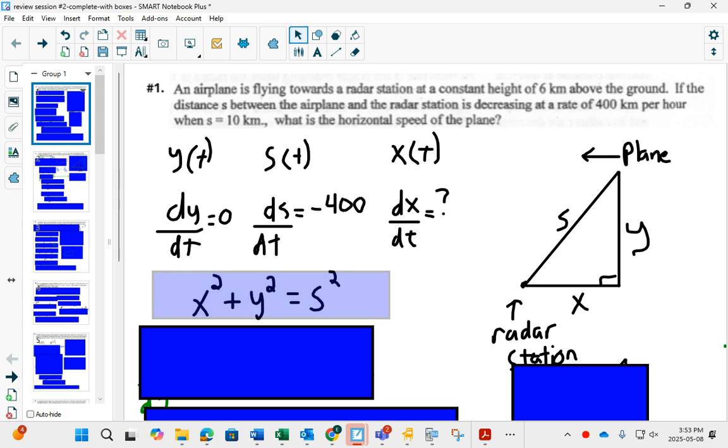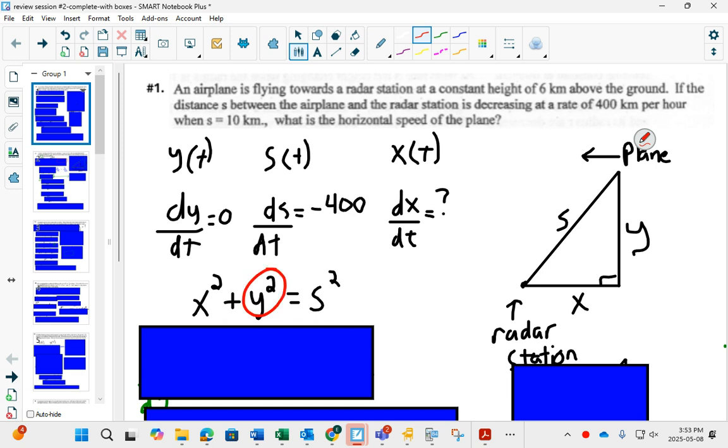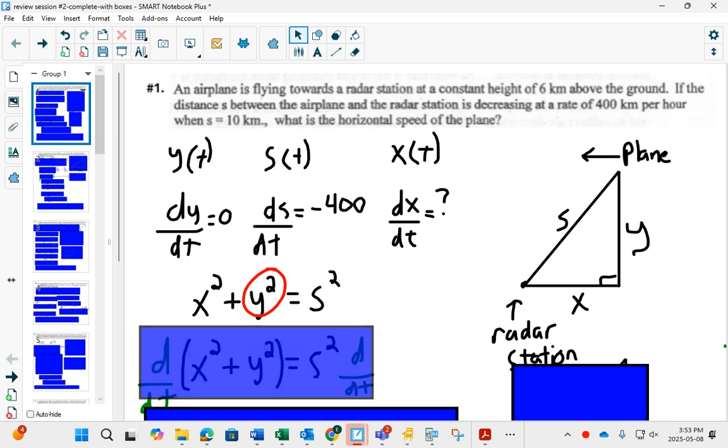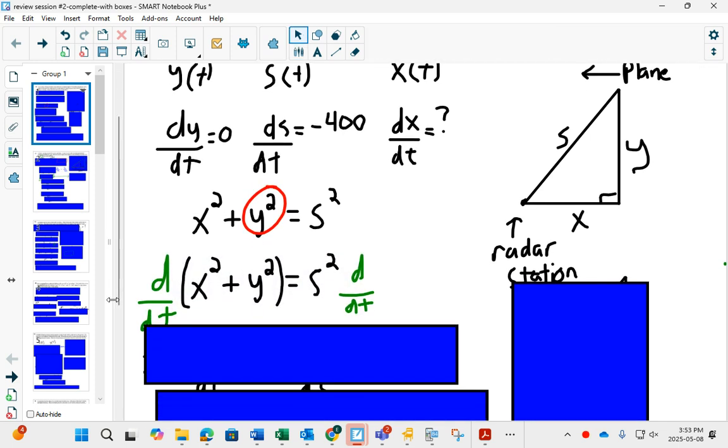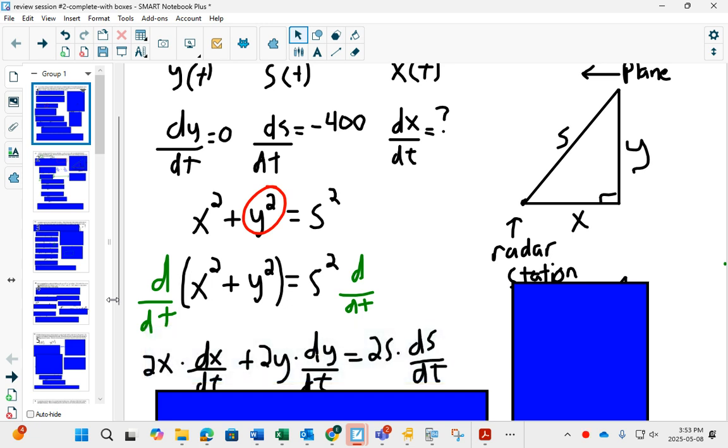And here, we've got a squared plus b squared equals c squared. This could have been 36, because it's fixed. If it was 36 and I took the derivative with respect to time, this would have been 0. But keeping the y, when you plug in dy/dt as 0, can you see that it would result in the same thing?